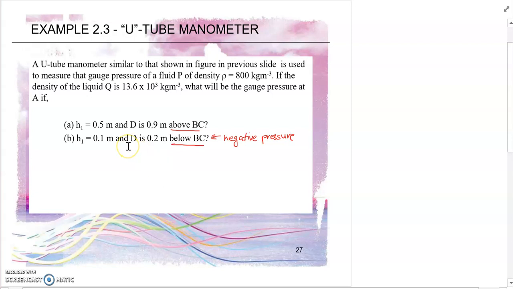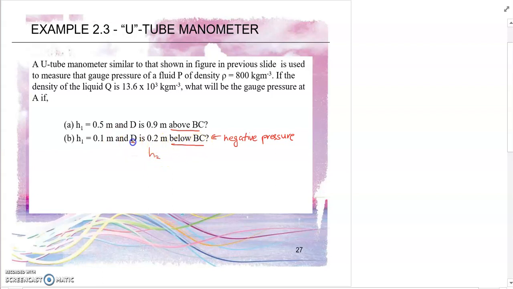When the question said D is 0.2 below BC, it also reflects that it is your H2, not just below BC, but it already transferred to your BC.